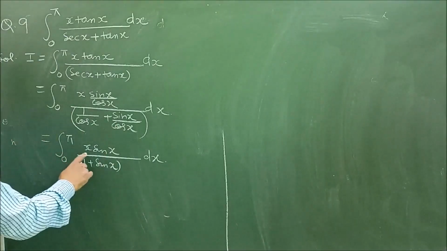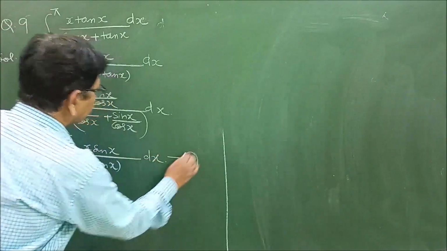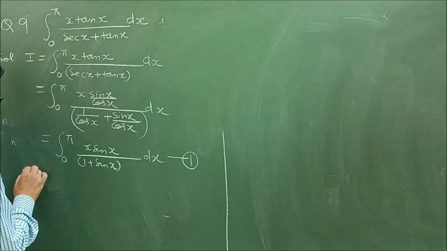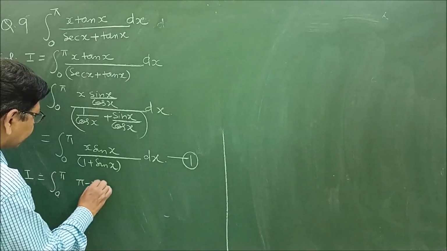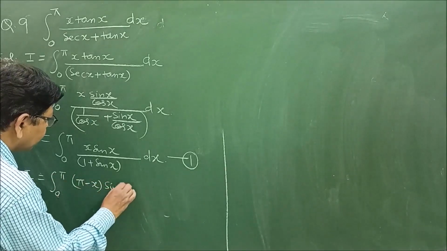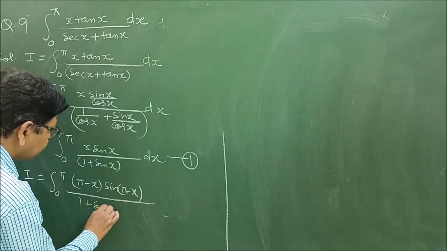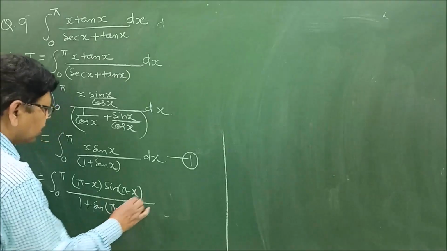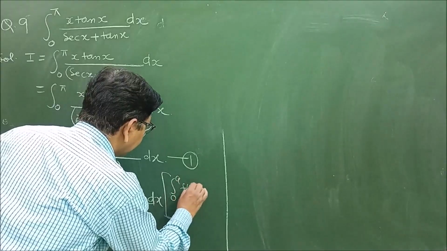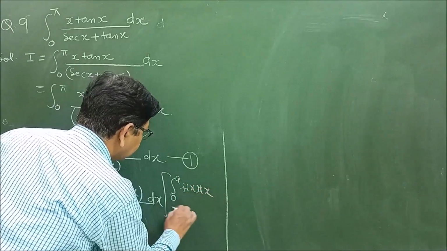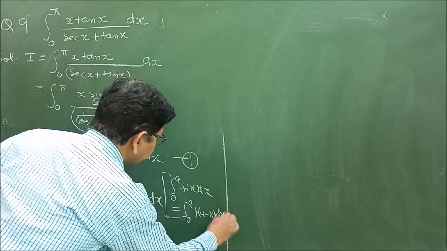Now again this definite integral has the variable x, so let us apply the property. This I is equal to 0 to pi, replacing x by pi minus x, pi minus x times sin of pi minus x upon 1 plus sin of pi minus x dx, using the property integral 0 to a f of x dx is 0 to a f of a minus x dx.